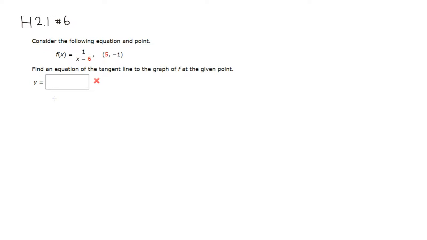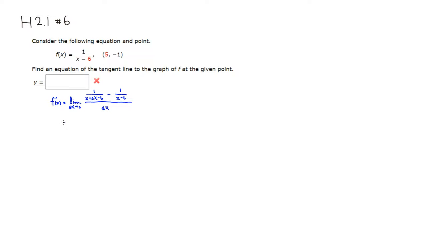So we have f prime of x is equal to the limit as delta x approaches 0. f of x plus delta x would be 1 over x plus delta x minus 6, minus f of x, which is 1 over x minus 6, all over delta x.